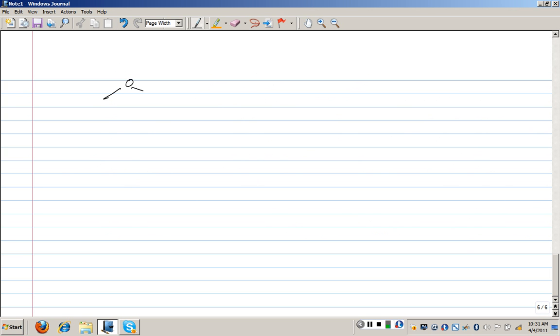It's illegal for a water molecule to attack this carbon as written, because if it does, I'm going to generate this entity. So I would have made from water, a weak base, O minus, which is a stronger base.